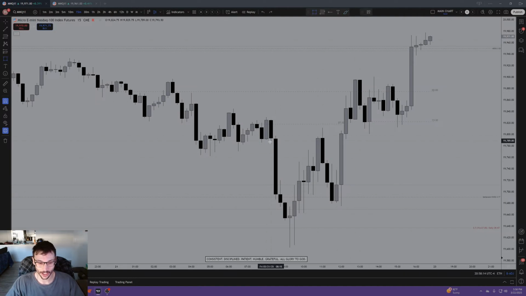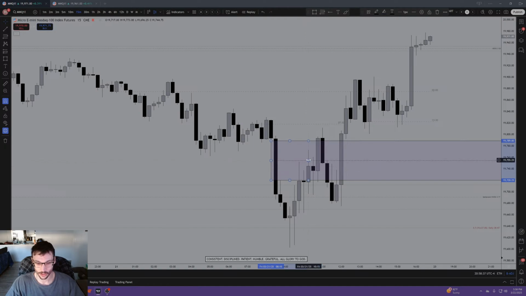Now, the fair value gap, there's going to be a gap between the wicks. So think of it like somebody came in here and pushed strong. They did a strong push to cause price to move that fast, and now right here they're wanting to defend where they pushed, okay?